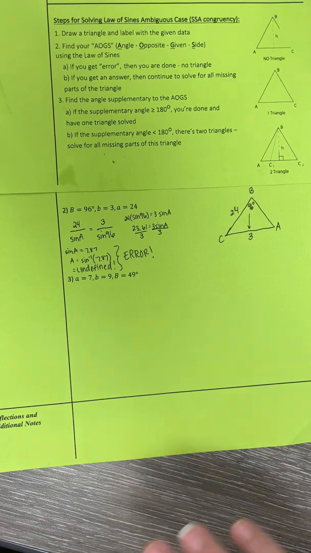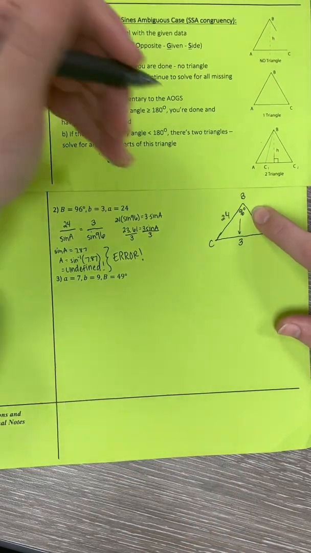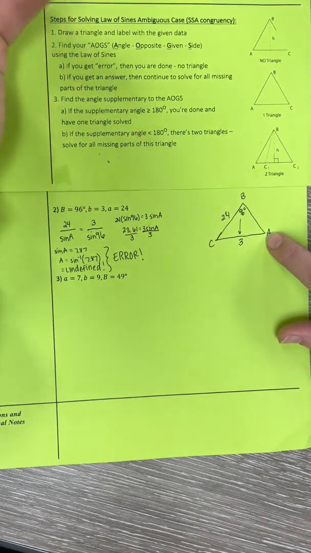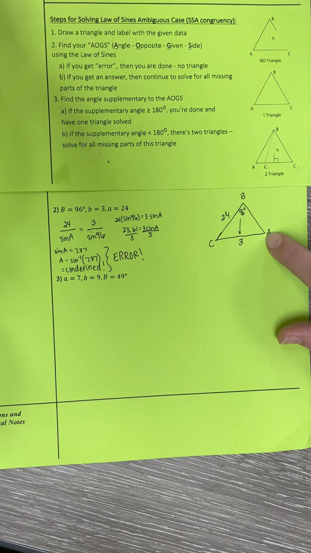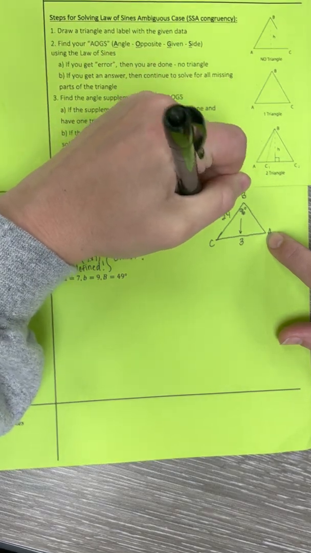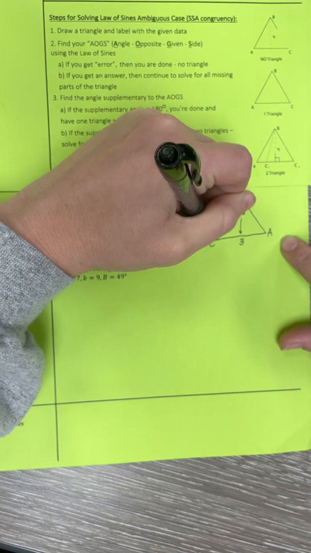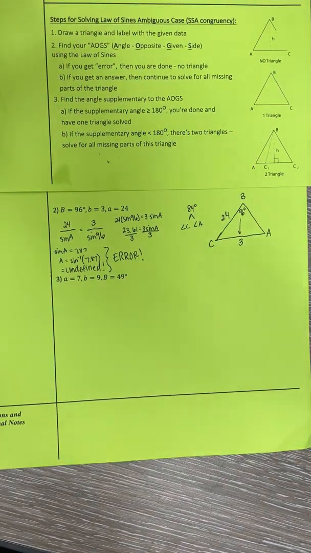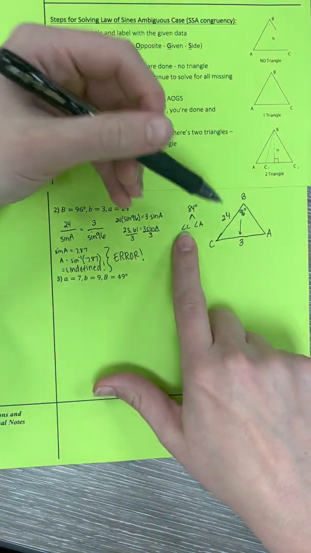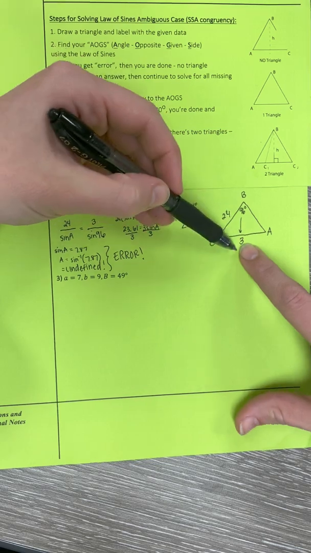And technically, if B is 96 degrees, that means that between A and C there's only 84 degrees. That would mean that maybe one of them is 70 something, one of them could be 10 something. Either way, it's going to be less than 96 degrees.